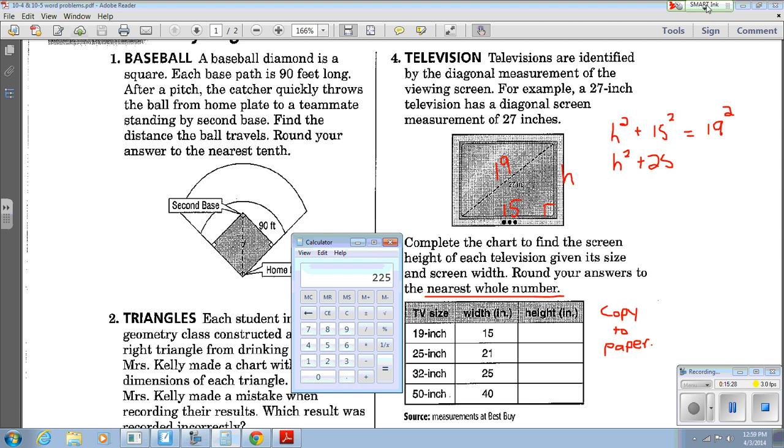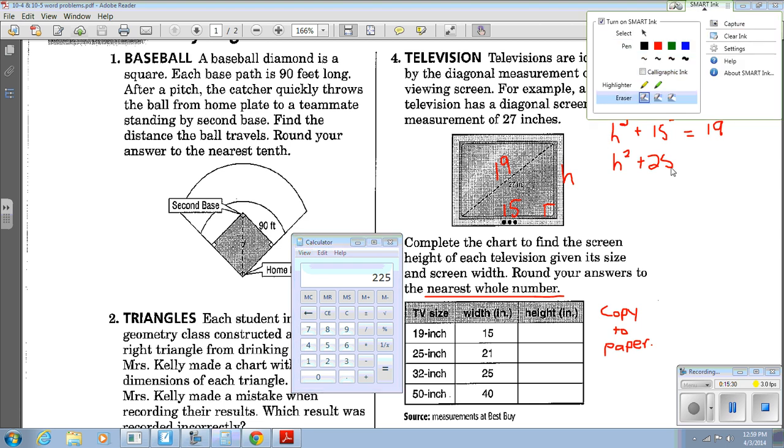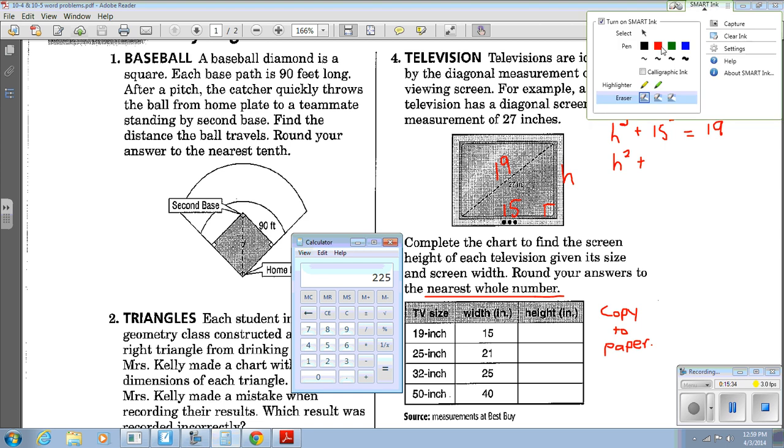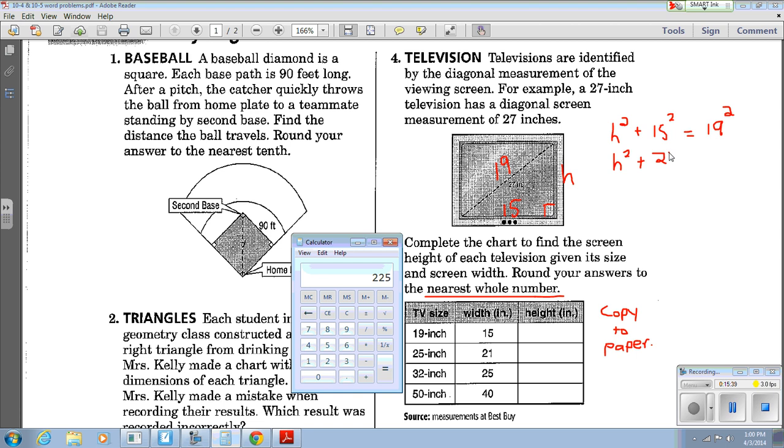Where's my eraser? There we go. Get my pen back, my nice red one. So I have 225, and that's going to equal 19 squared. So I'm going to do 19 times 19. That is 361. And how am I going to calculate for this height now?